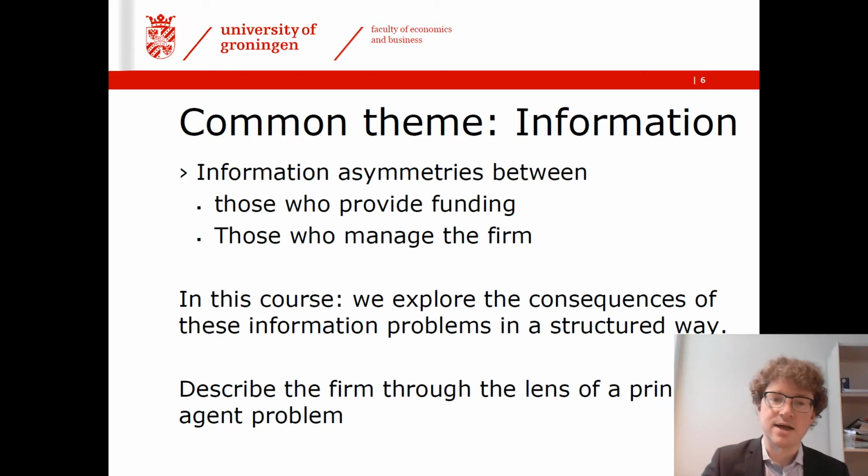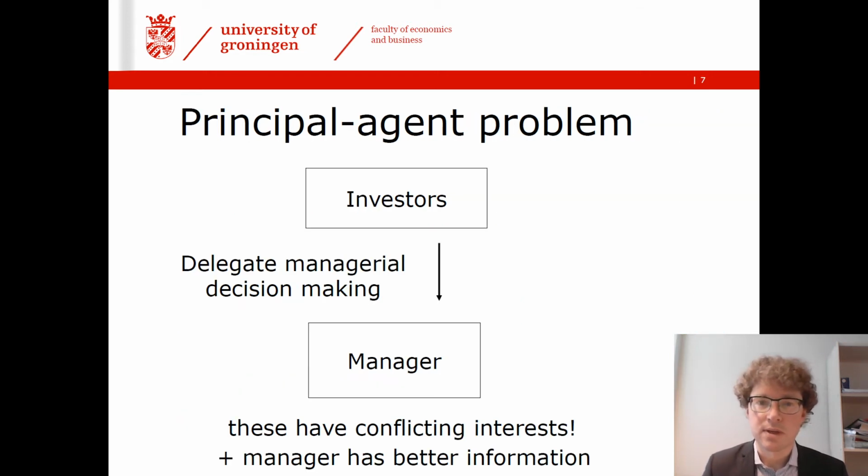So what was that again, a principal agent problem? Well, here we have on the top side investors, who you might call the principals. The investors are going to attract an agent, a manager, who's going to make the day-to-day decisions. But the manager and the investors might have conflicting interests.